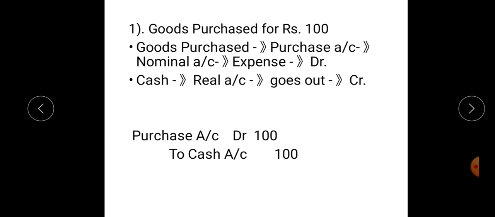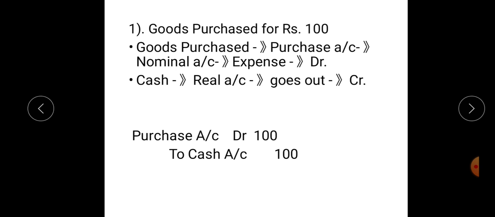Now, students, once we have learned how to classify it, let us learn how to write it as a journal entry. It is not very difficult, but yes, it should be very proper. Always remember debit should come first and credit afterwards.